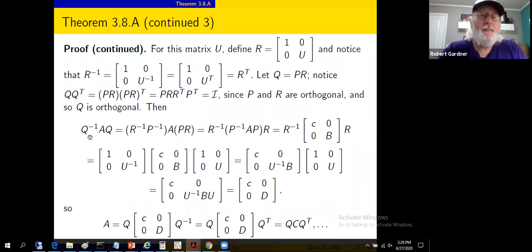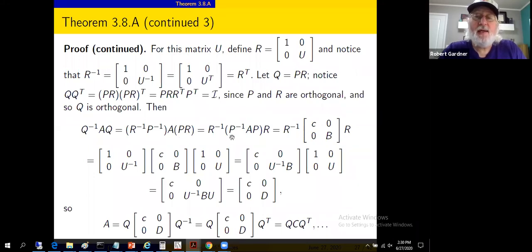Let's multiply A on the left by Q inverse, on the right by Q, and we've done this. We've pulled off the computation, provided we can show this is a diagonal matrix. Okay, well, Q is PR, so Q inverse is R inverse P inverse, so substitute that in. Rewrite the A, Q is PR, make that substitution.